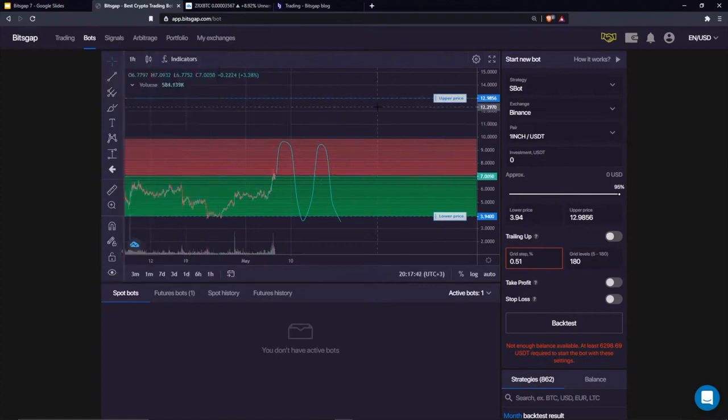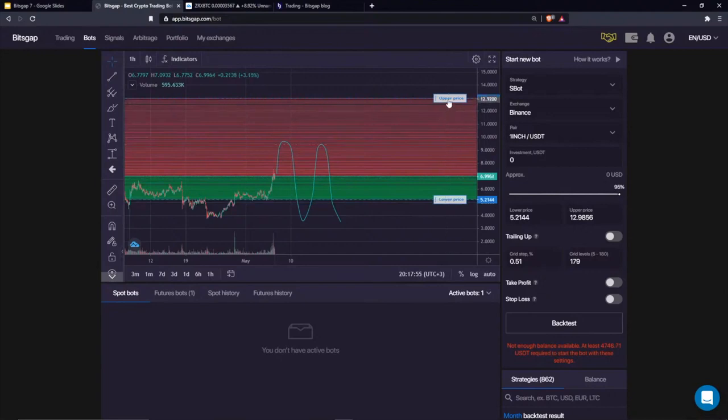Anyway, having a wider zone is one solution to have a long-term configuration. Another one is to, let's say, have your lower price like this and upper price like that with trading up enabled.